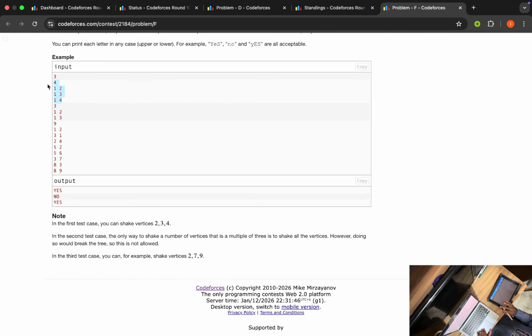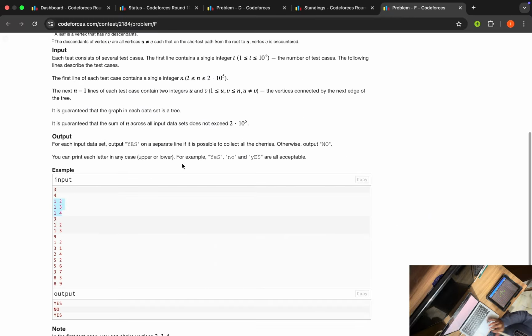Let's draw a tree. I think this question might be easy, but sadly I don't have enough time. Okay, multiple of 3, so 3, 6, 9, something like that, so it's obviously possible.